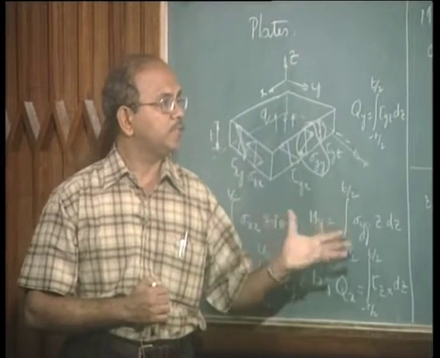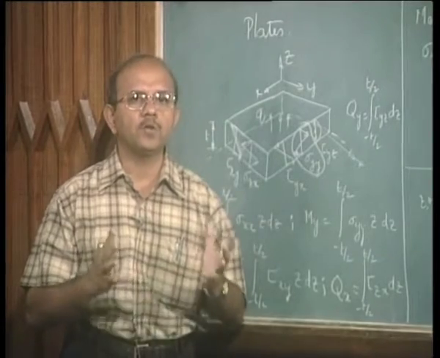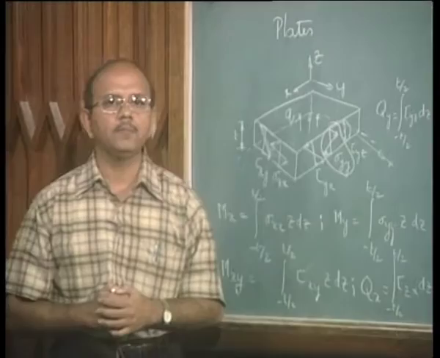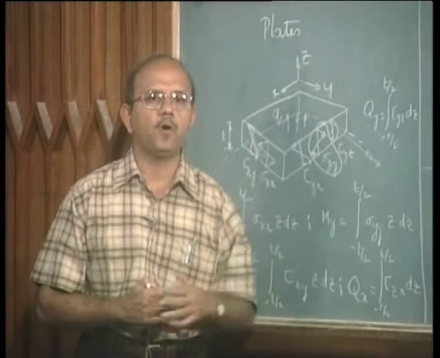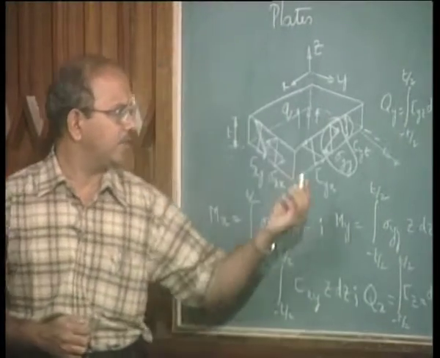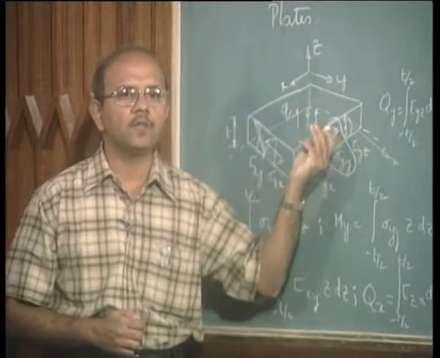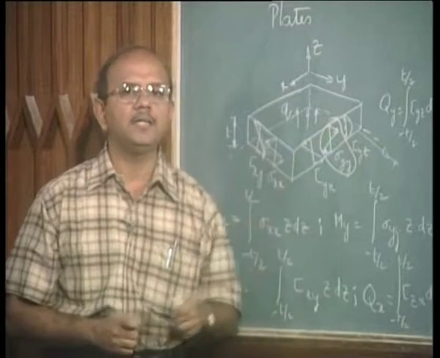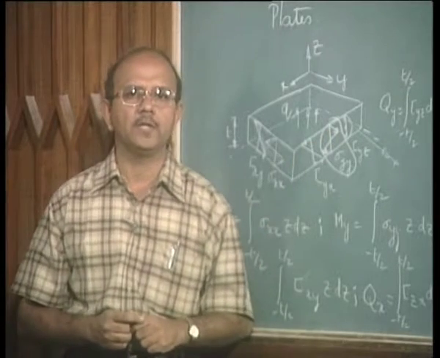Now from this point of view, we can also determine what are the maximum stresses that develop at various points or various stress fields. It is very clear from here that the maximum stress, say for example sigma xx or sigma yy, is happening at the topmost fiber or topmost layer.